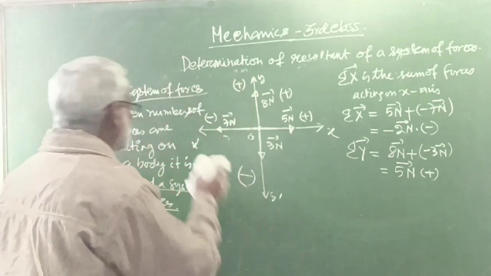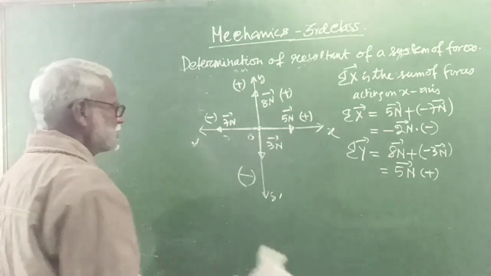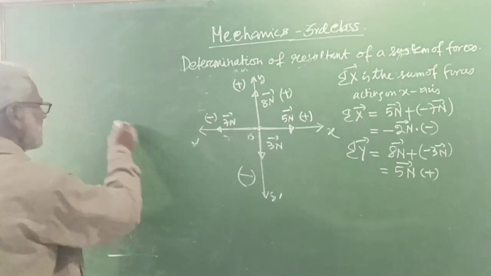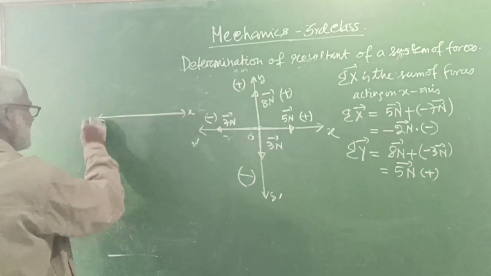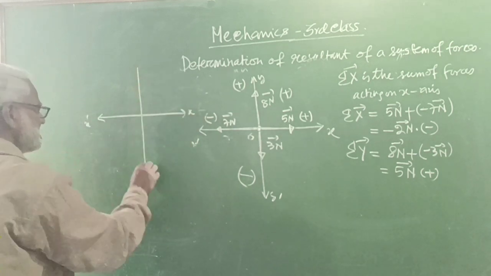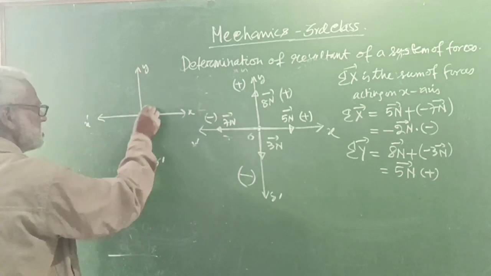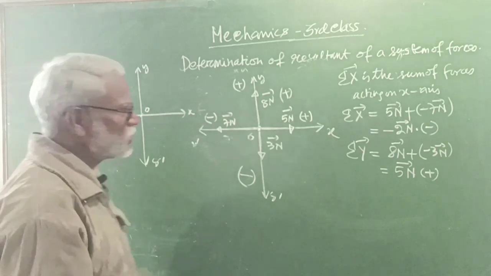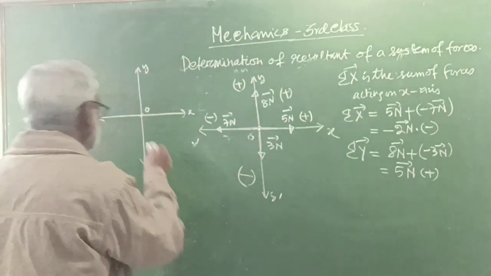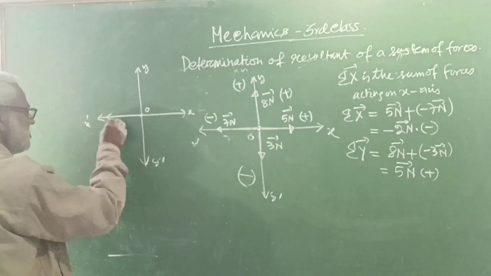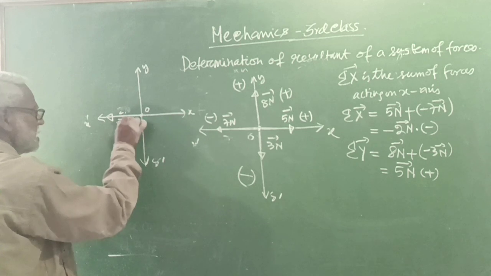For the final result, again take the axes. This is our x-axis, x dash, this is our y-axis, y dash, and this is the origin. Sigma x comes out to be minus 2 Newton, so it is in the negative direction, 2 Newton.